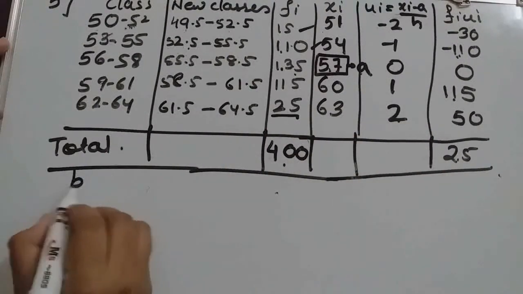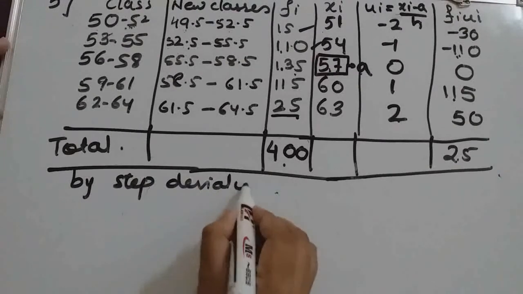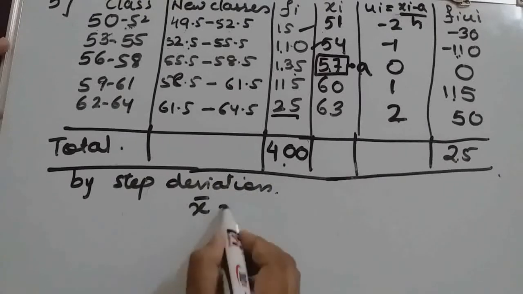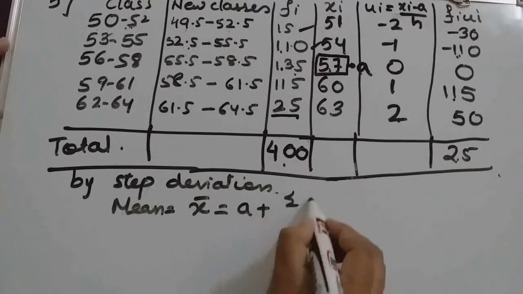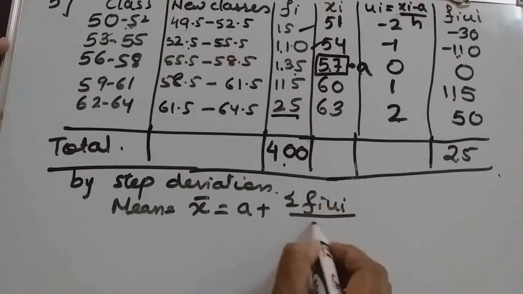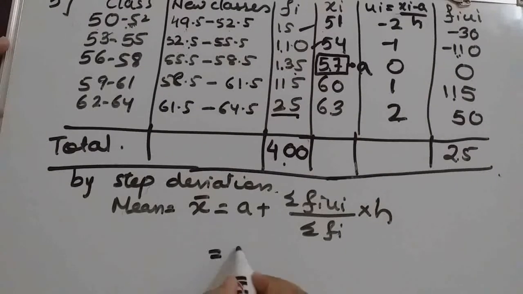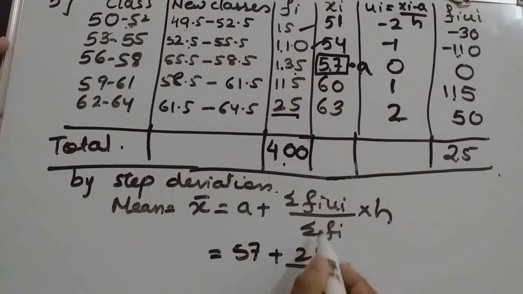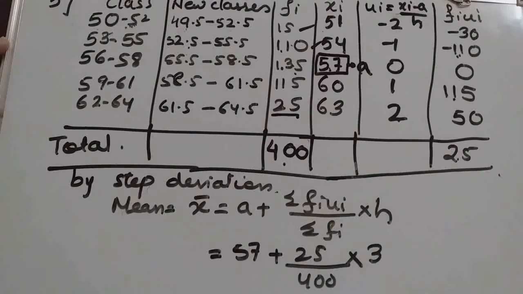So we can write by step deviation method, or directly also by formula you can write x bar, that is mean, will be A plus sigma fiui divided by sigma fi into h. So A is 57 plus this is 25, sigma fi is 400, h is, see, 52.5 minus 49.5 is 3.